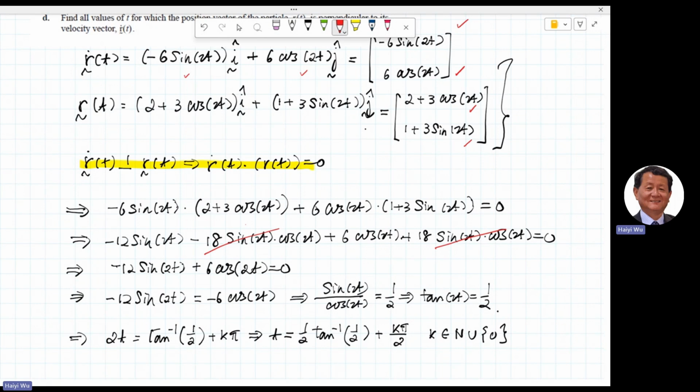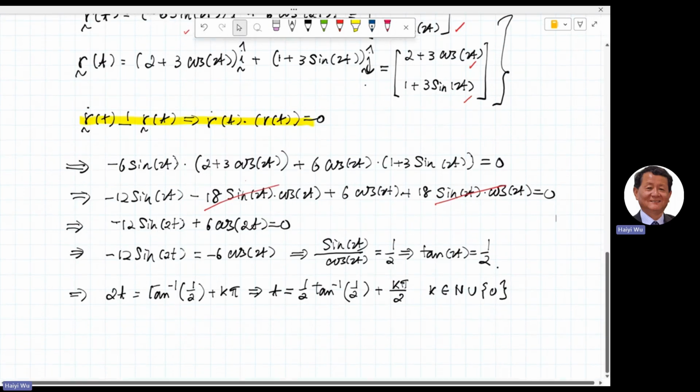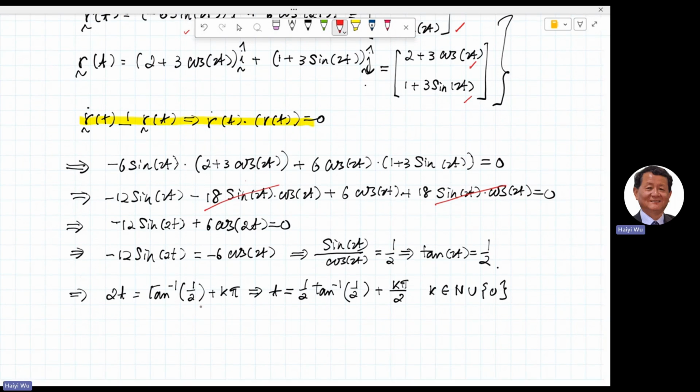Then we rearrange the formula. Sine divided by cosine is tan, so tan 2t is half. So we're going to take the inverse, solving the trigonometric equation. The inverse of half plus k times pi, which is rotating 180 degrees, or the period. So it just repeats; the period is pi. Therefore t is half of that.